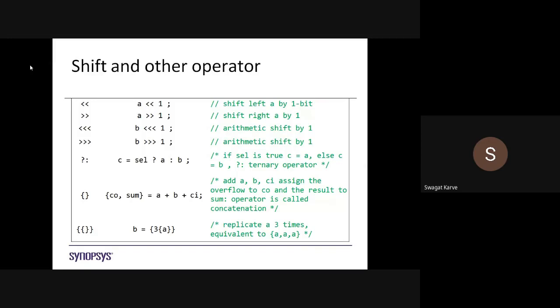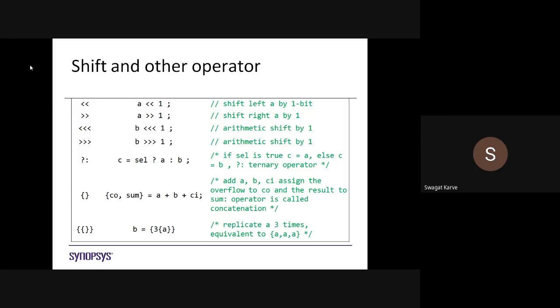If select is true, then C gets the first value, A. That means C is equal to A when the select condition is true; else C will get the next value, that means B. That means C is equal to B.